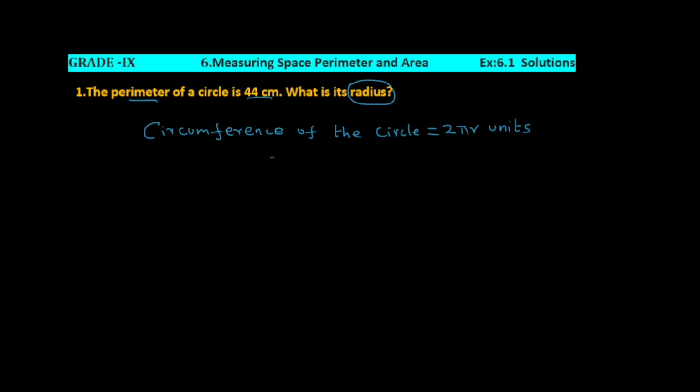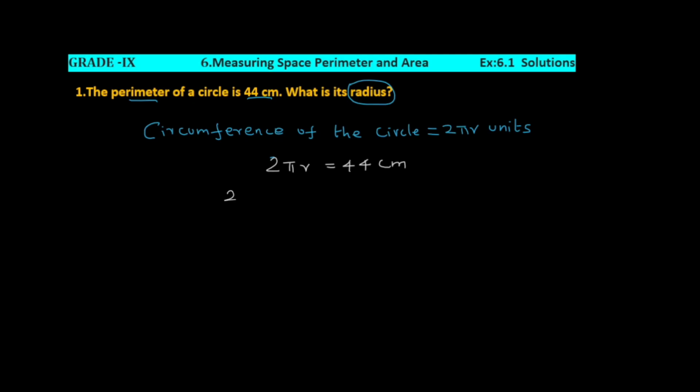Length of the boundary only we are finding, so it is in units. Here it is given the circumference of the circle, 2 pi r, is 44 centimeter. With this we can find the radius.